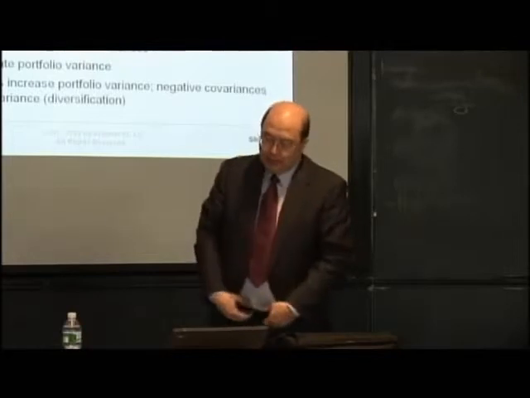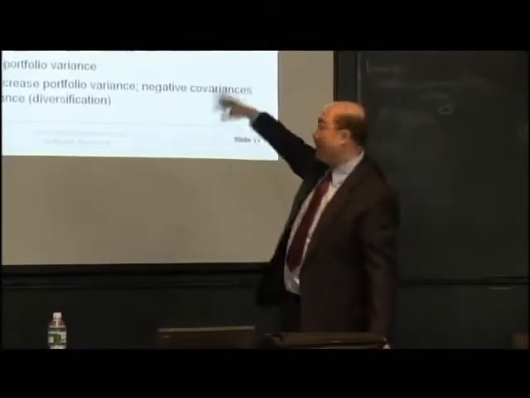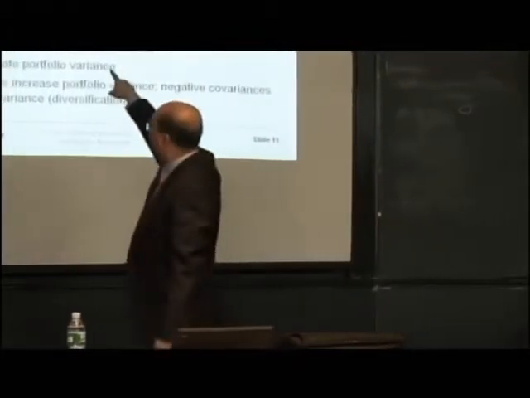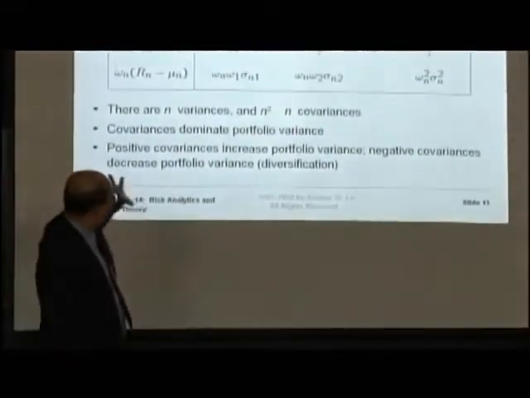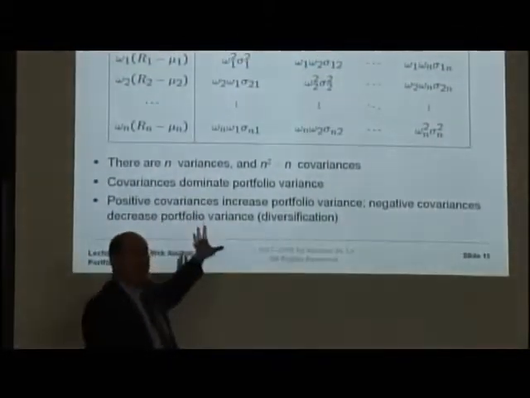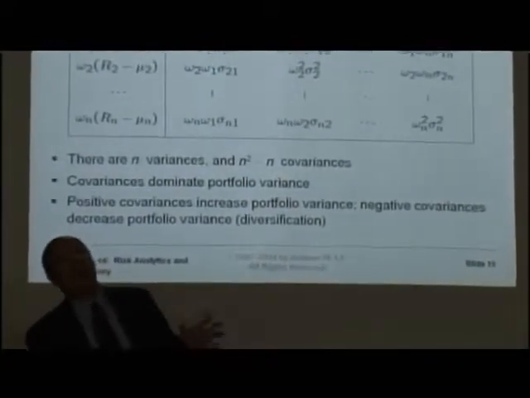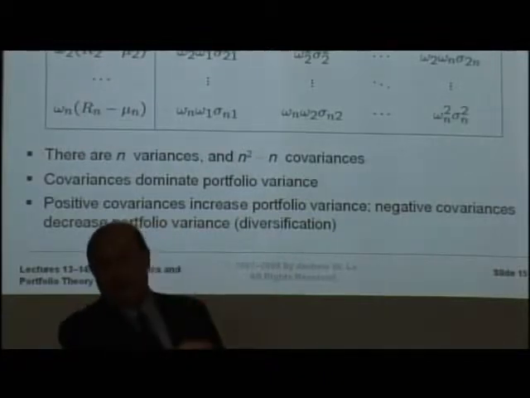Okay, so there are n squared elements that you have to add up in order to get the portfolio variance. It's literally the sum of all of the entries in this table. And the point of the next few bullet points is that there are a lot more covariances than there are variances. The variances are along the diagonal of that table, right?